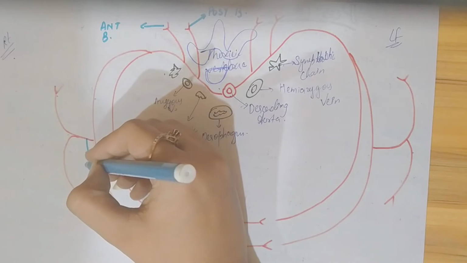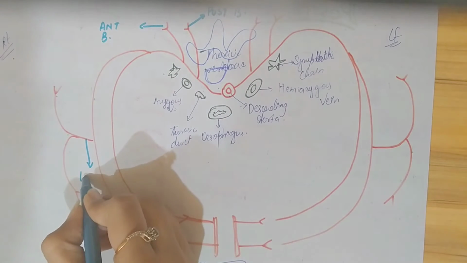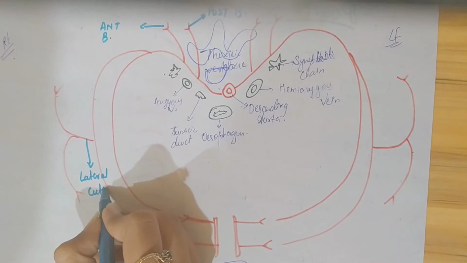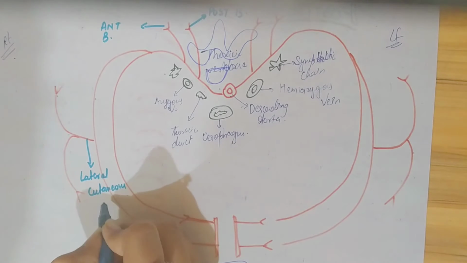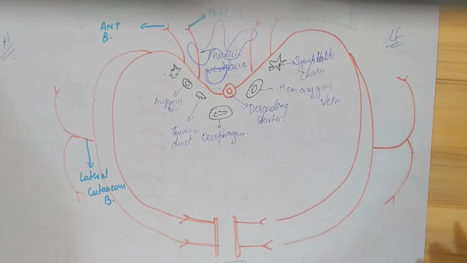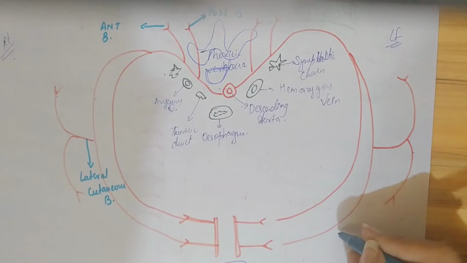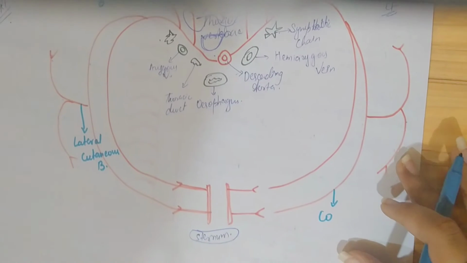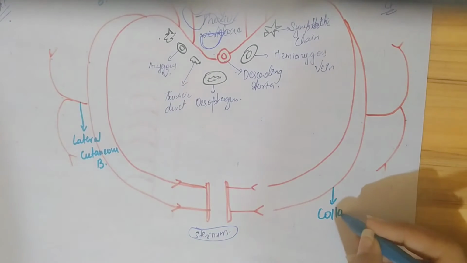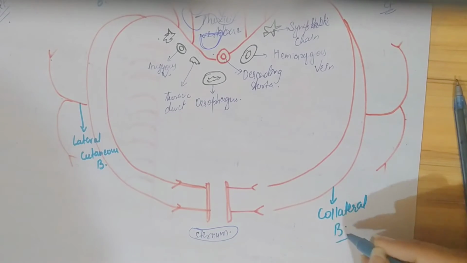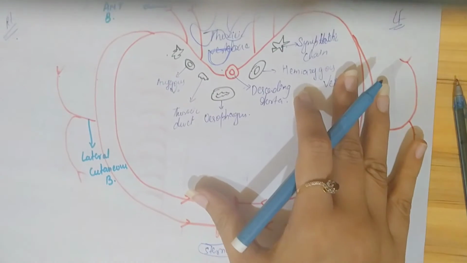Here we have our lateral cutaneous branch. Then we have our collateral branch. Here we have our collateral branch, this one, right?